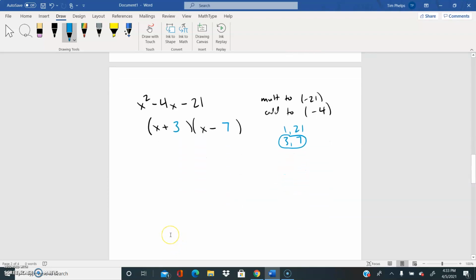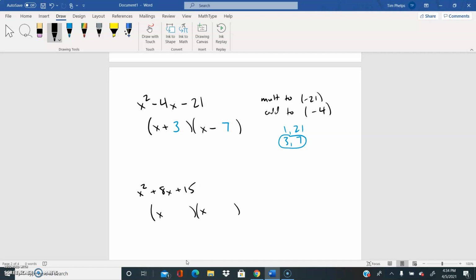Let me show one more example of this. So let's go x squared plus 8x plus, I should get the numbers right this time, let's go 15. So for my parentheses I have x and x.